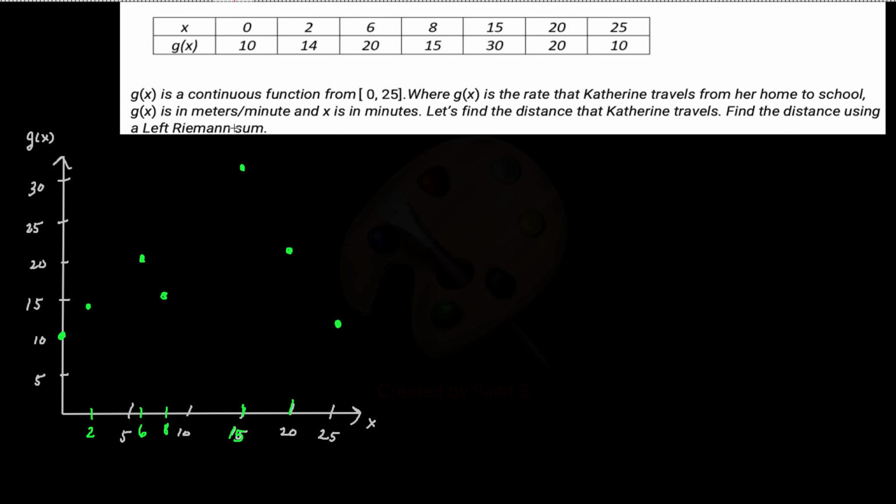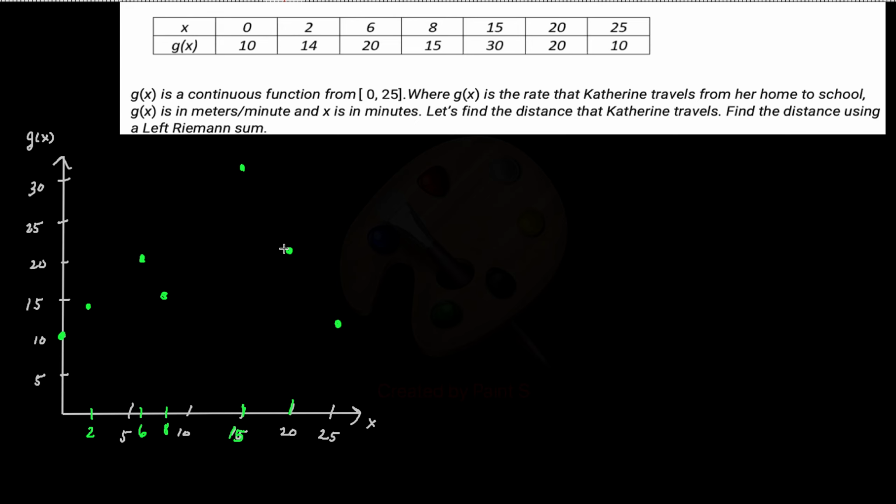Now we need to use a left Riemann sum, and what we're doing is we want to approximate the area underneath this curve, where there's going to be some curve that connects all these points, because g of x is a continuous function, and it gives us specific values for that function. You want to use left endpoints, a left Riemann sum.